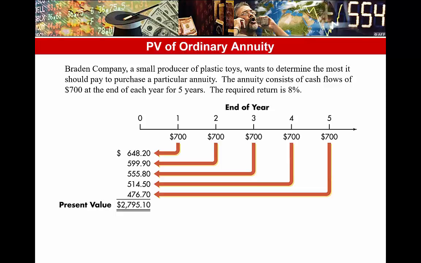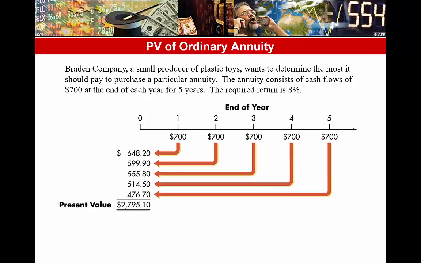This annuity consists of an annual cash flow of $700 at the end of each year over a 5-year period. The required rate of return that Braden Company demands is 8%. We could also interpret this as each cash inflow having an opportunity cost of 8%.